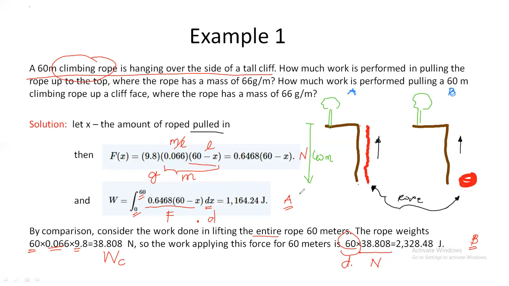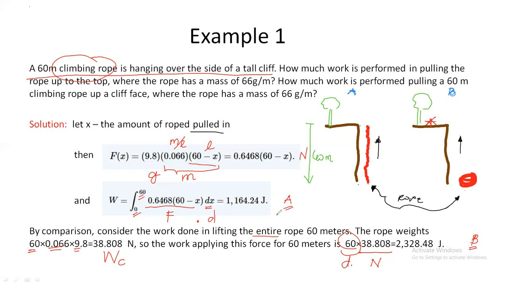So true to what Eugenie said a while ago, pulling up this rope up the top or the face of the cliff will exert lesser force than pulling up the entire rope with a constant weight up the top of the cliff. So you have here 2,328.48 joules of work needed for this rope to be transferred to this location.